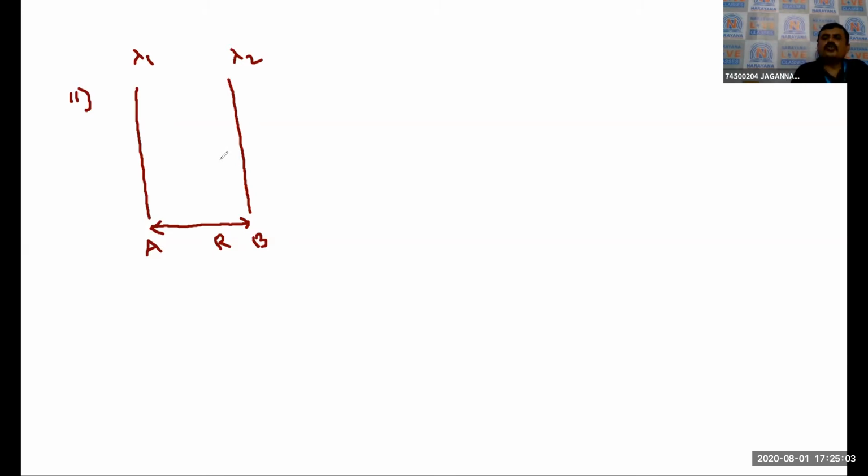First find out the electric field due to wire A at distance capital R. This is how much electric field is produced.